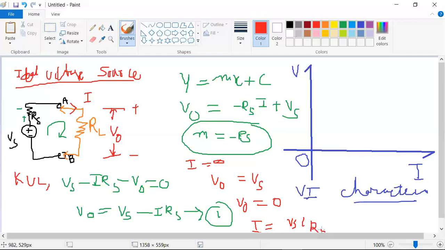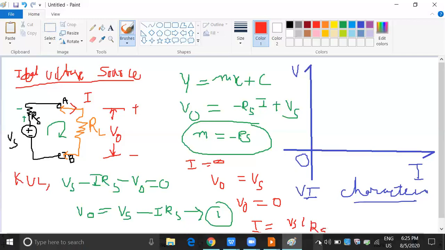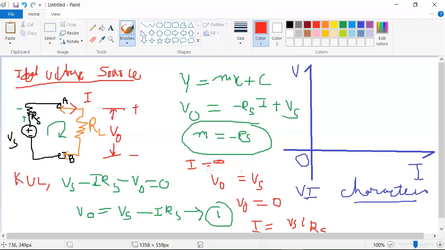Be clear. Now I am going to show these points on the VI characteristics. When my output voltage V naught is equal to the supply voltage, I is equal to 0; only when the current is 0 is the output voltage equal to the supply voltage.